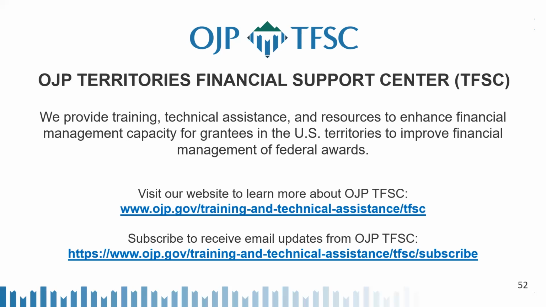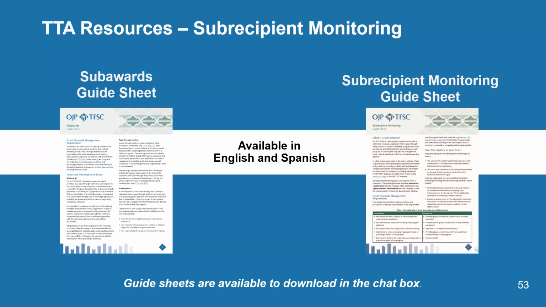Next slide, please. On our website, you can access our library of resources on a variety of financial grants management topics. For the topic we explored today, you can access the subawards guide sheet, which explains when grantees might make subawards, the responsibilities of pass-through entities, and the difference between subrecipients and contractors.